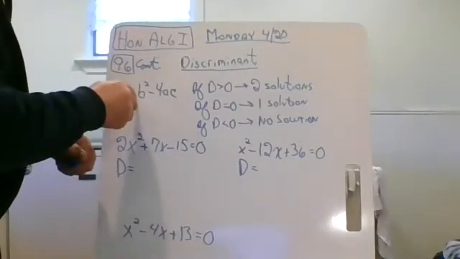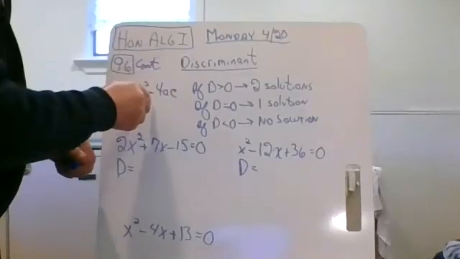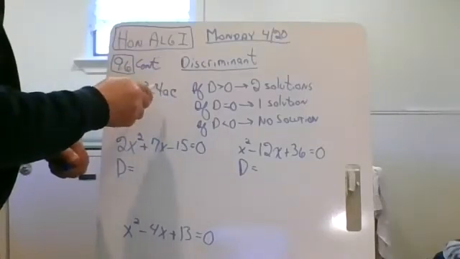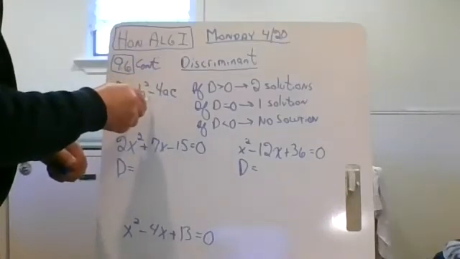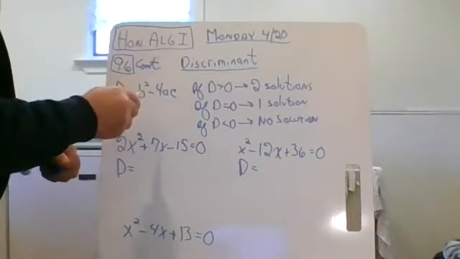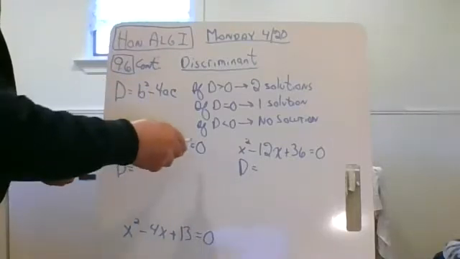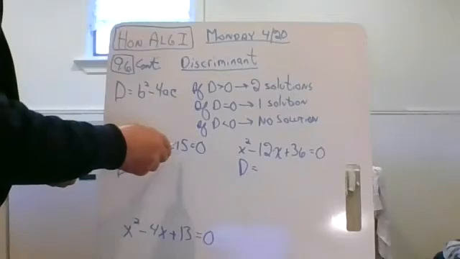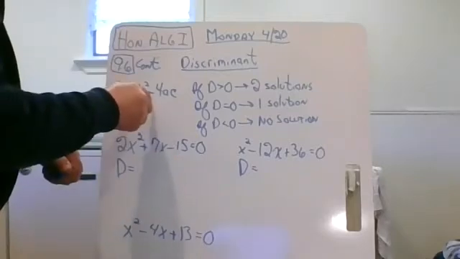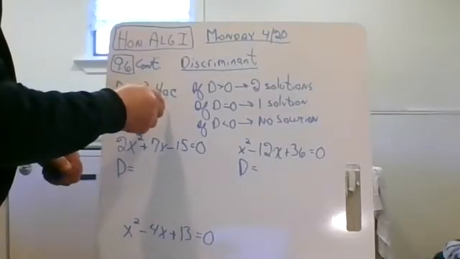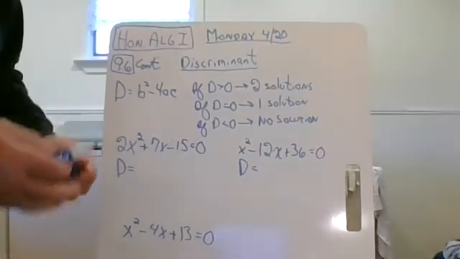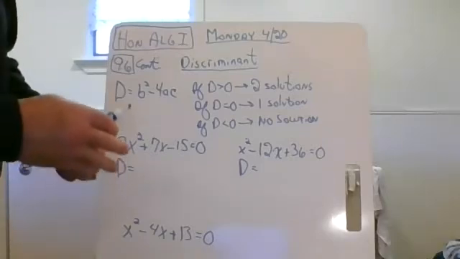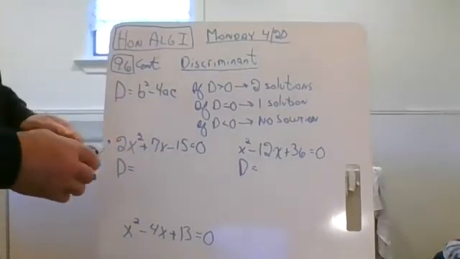Notice, it's not the square root of that. It is that expression. That's what you compute. So you're going to take equations, evaluate a, b, and c, and plug them into this formula here and come up with the discriminant.